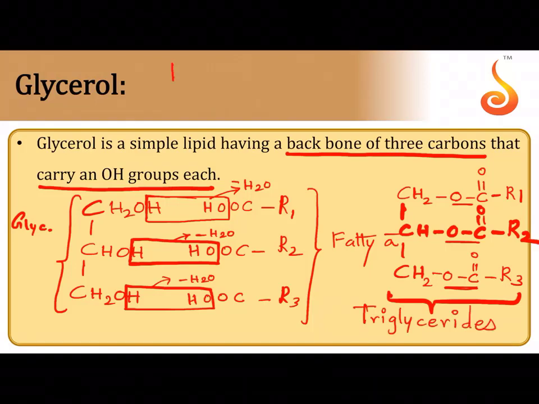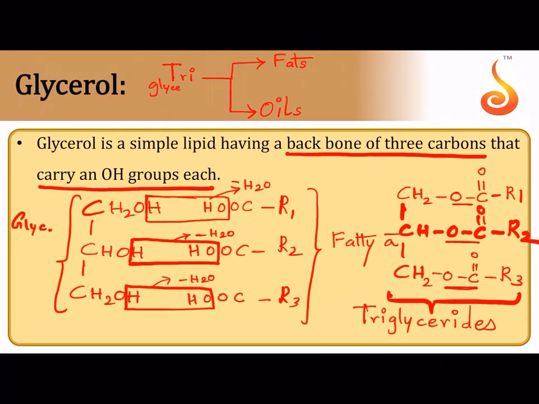And we already discussed the 2 types of triglyceride. One was fats, which are rich in saturated fatty acids, and oils, which are rich in unsaturated fatty acids. So it is something to make you understand easily. Let me write triglyceride here. Now triglyceride here lets you know that there is a glycerol molecule in a triglyceride and there are 1, 2, 3 fatty acids.